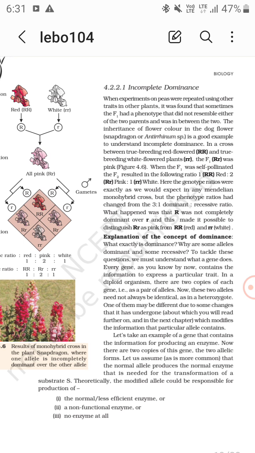When the F1 was self pollinated, the F2 resulted in the following ratio: red is to pink is to white. Red was 1 capital R capital R, 2 capital R small r, that is pink, and 1 is the white.